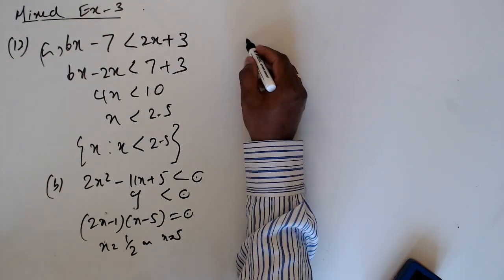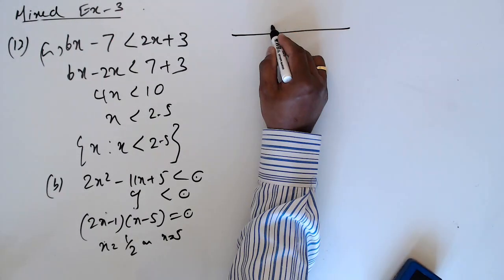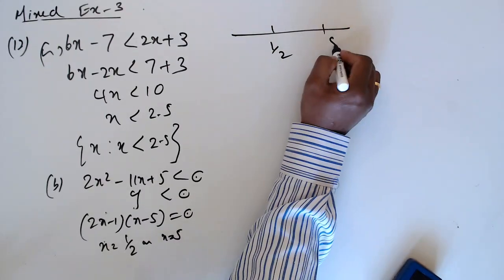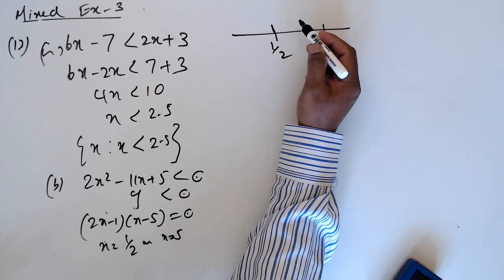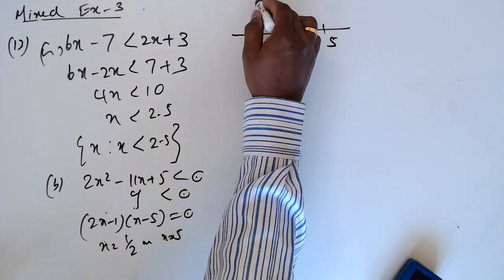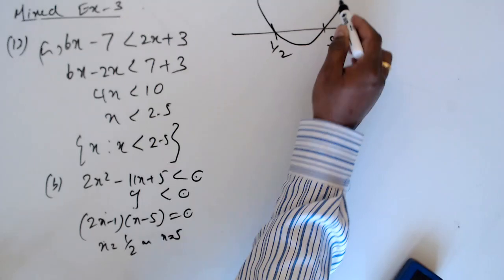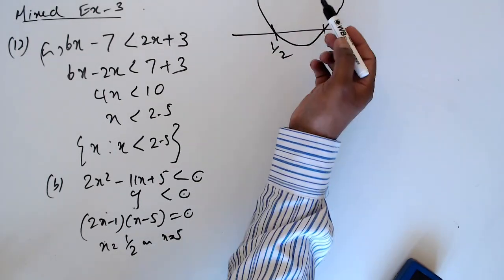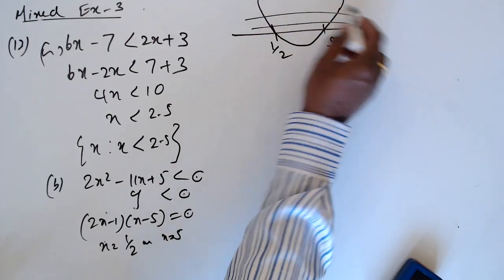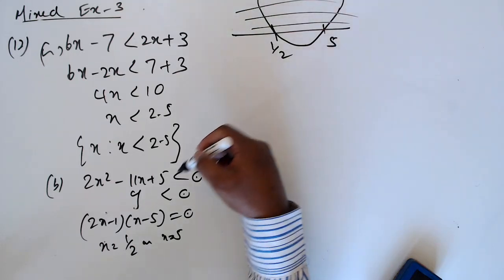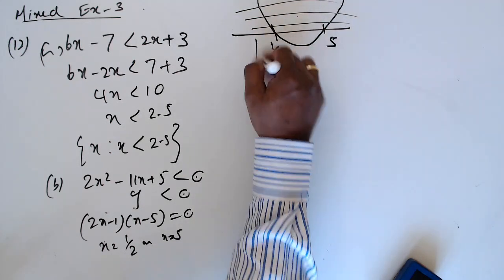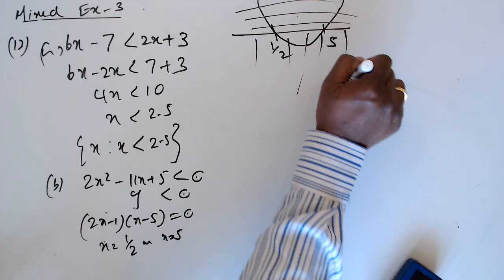Now from the number line you can see this is half, this is 5, and since this is a minimum curve, this is the positive area and this is the negative area.